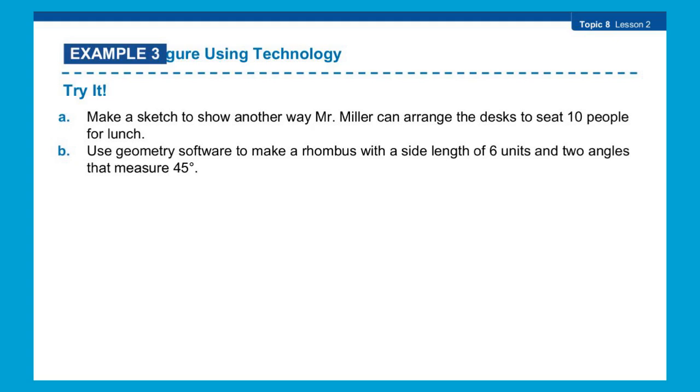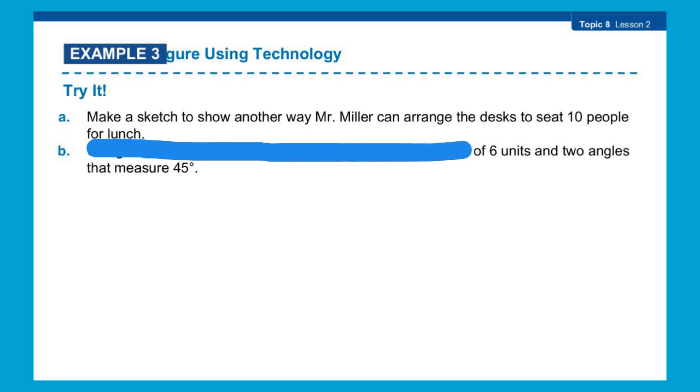This is the try it on the bottom of page 439. And we're only going to do A because if you remember, we are not using geometry software. Okay. So let's go ahead and make a sketch of another way Mr. Miller can arrange the desks to seat 10 people for lunch.